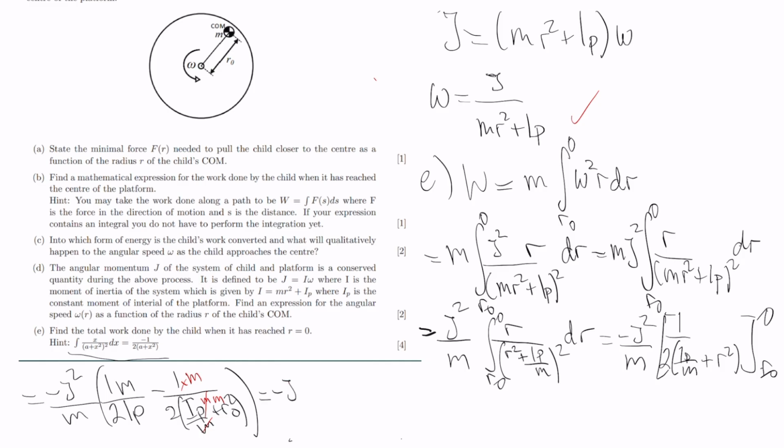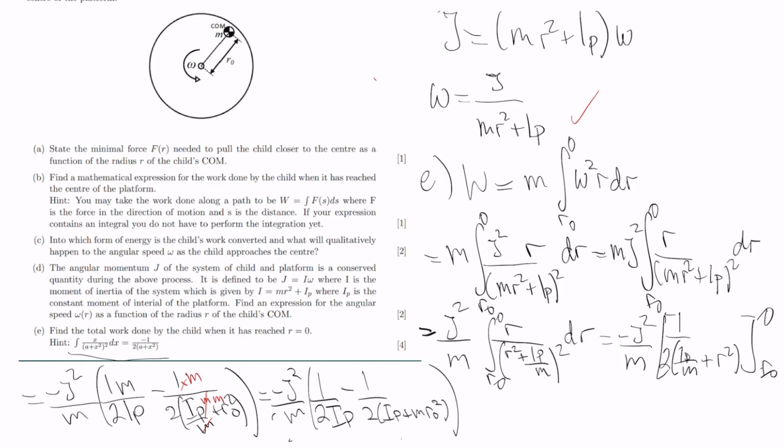This will be minus j squared over m. The m's are going to cancel here, so what do we get? 1 over 2 times IP, and then minus 1 over 2 times IP plus m r naught squared, like that.